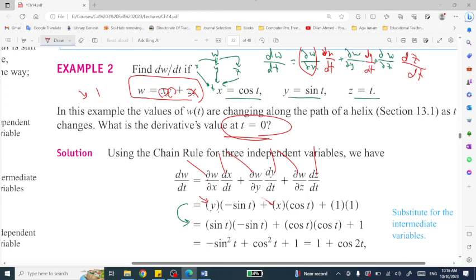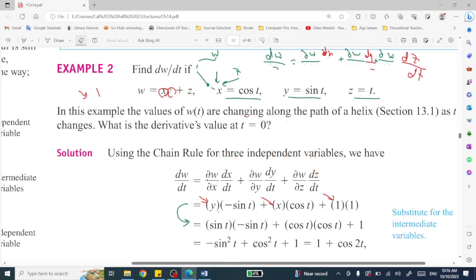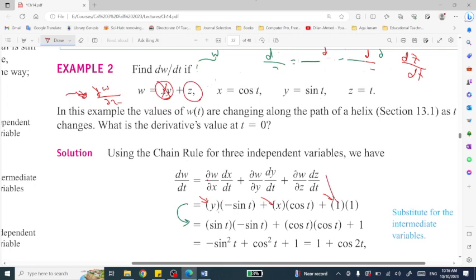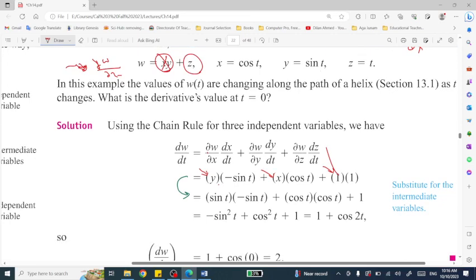The same thing is true for the others. Why did we get 1? Can you remember why we got 1? Yes, the partial derivative of w by z: the other terms are 0, and the derivative of z by z is 1. Then you can just do dx by dt, and then you will combine all of them.